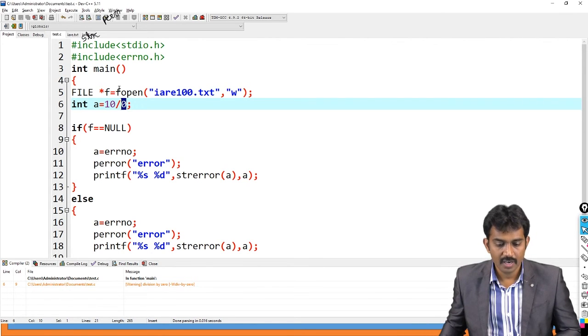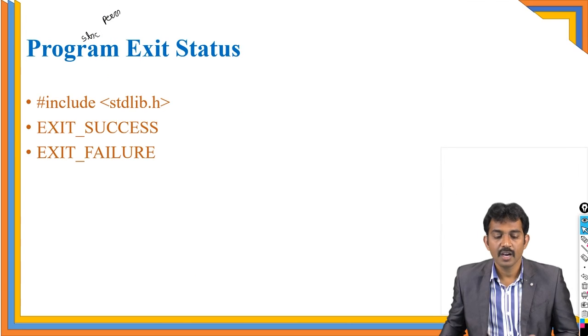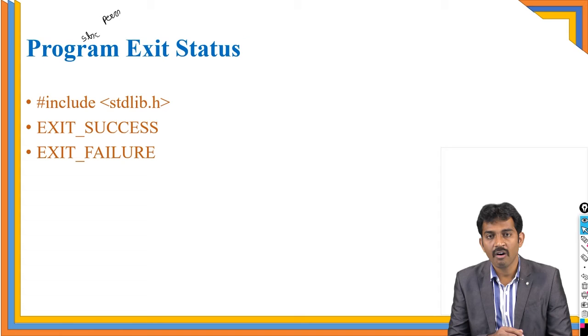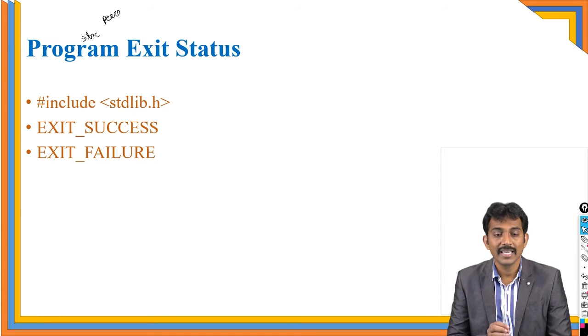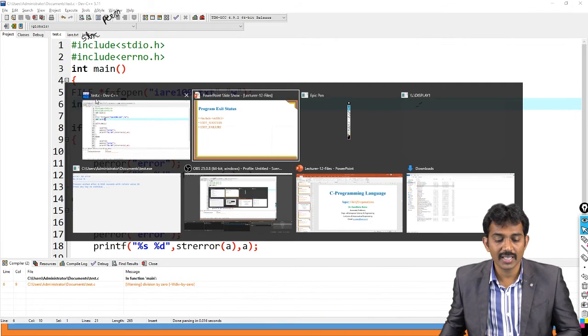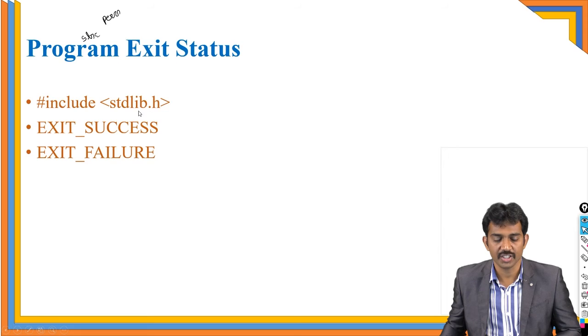And next thing, program exit status. Generally, you are going to return 0 for all the values. For example, if the program does not end successfully, you should use exit failure. So what you need to do? You should include stdlib.h.